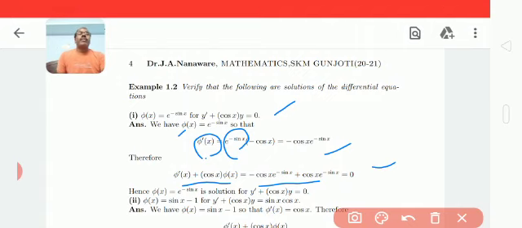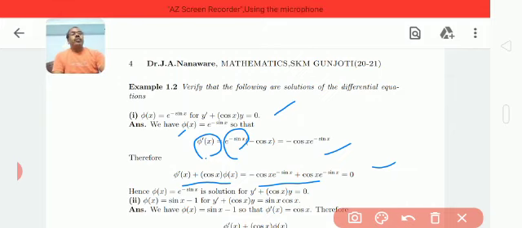So this is the verification that the function phi of x satisfies given differential equation, and therefore we say that this phi of x, which is e to the power minus sin x, is a solution of this differential equation y dash plus cos x into y is equal to 0.